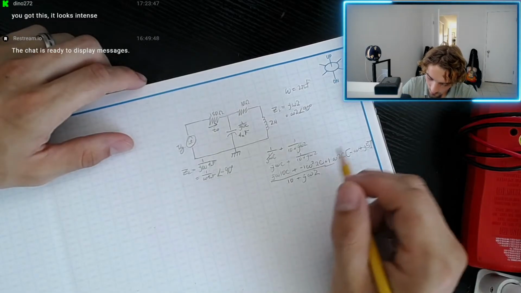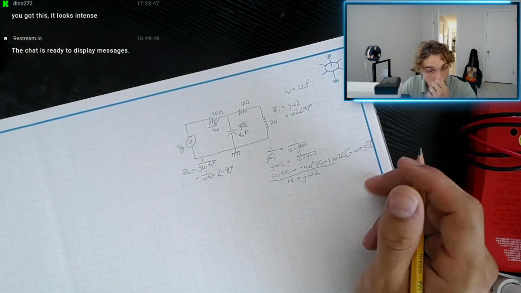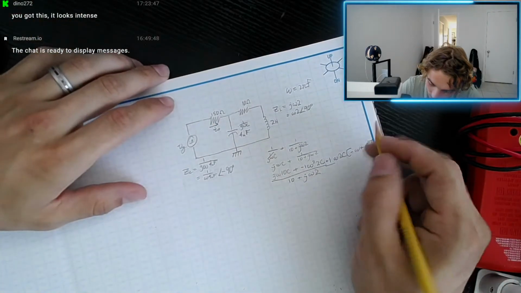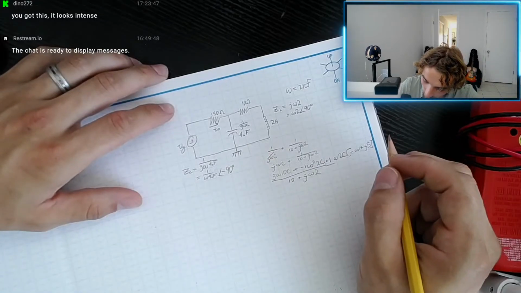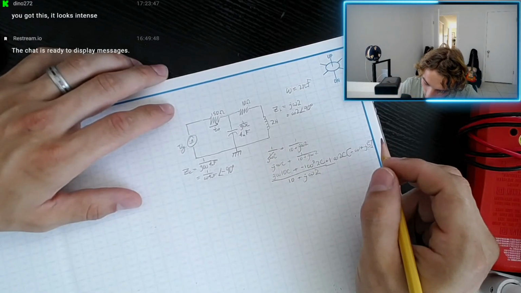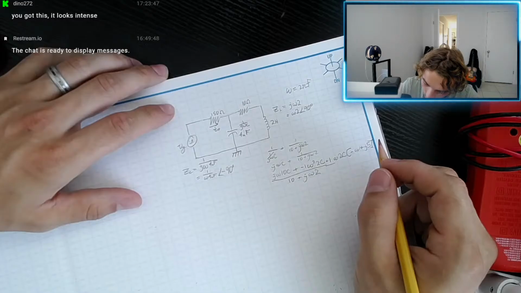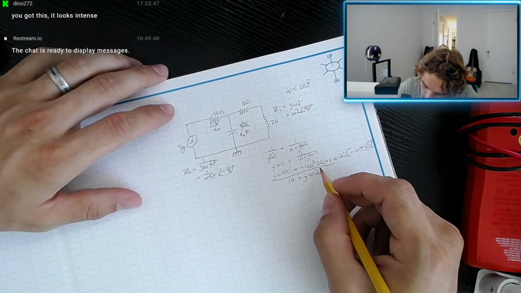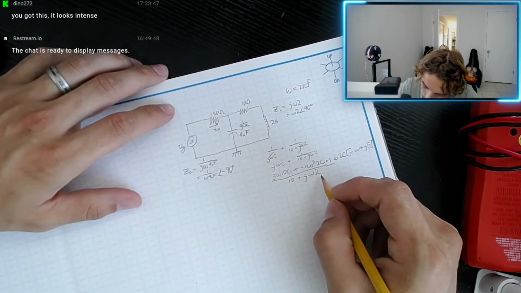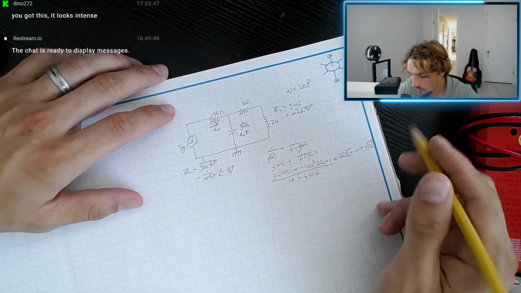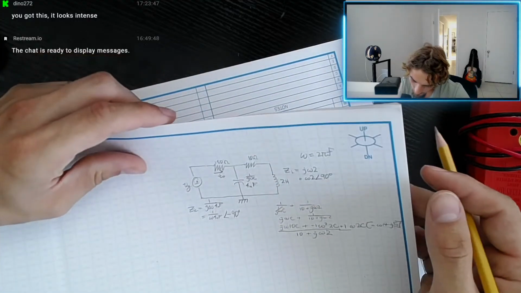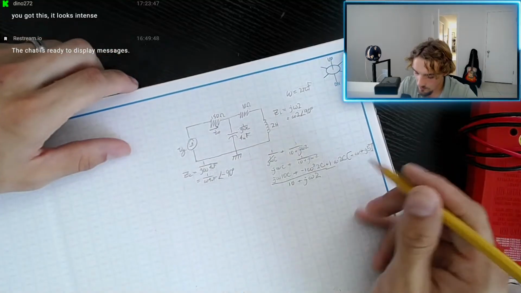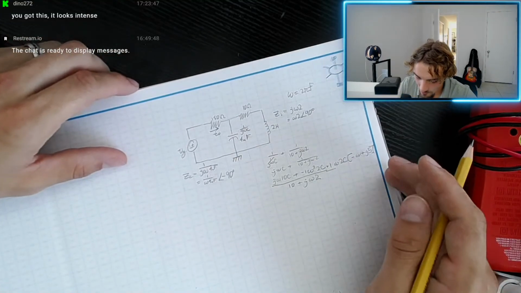I mean, alright, well, let's just bust it out. I just think, man, I think I'm gonna do a bunch of work and it's gonna lead nowhere. But I guess let's just bust it out then. Negative omega plus J5. Negative omega plus J5.